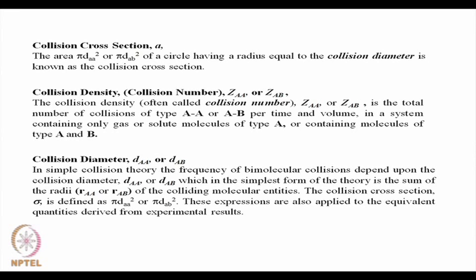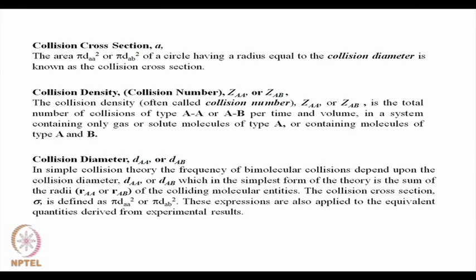Then another term: collision density or collision number. It is capital Z_AA or capital Z_AB. This is your collision density, which is often called collision number.